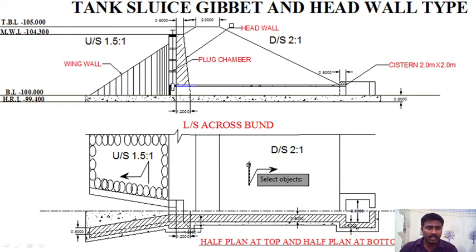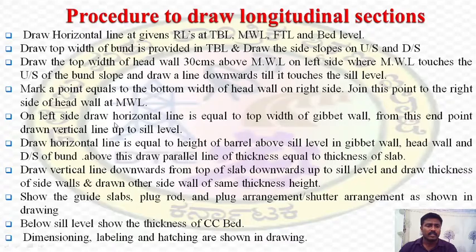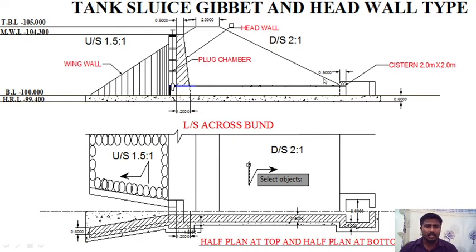This is the sill level, so you have to show the thickness of the cement concrete bed. Next, dimensioning, labeling and hatchings are as shown in the drawing. After completing all the lines, showing the names, dimensions and labeling is very important. So this is the procedure to draw the longitudinal section.